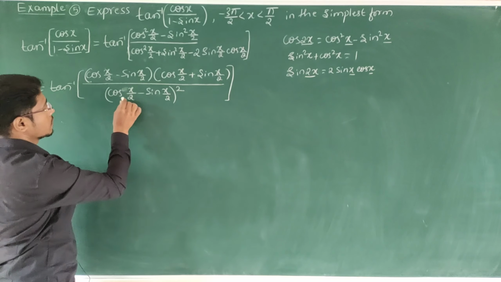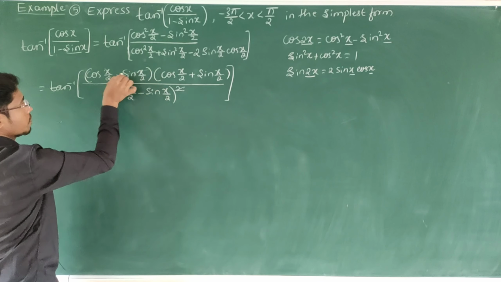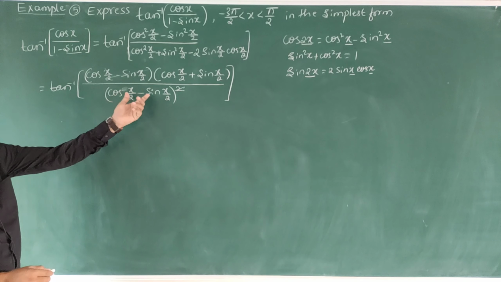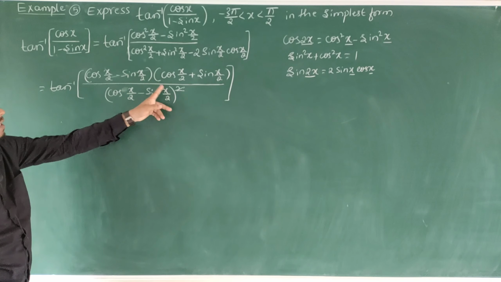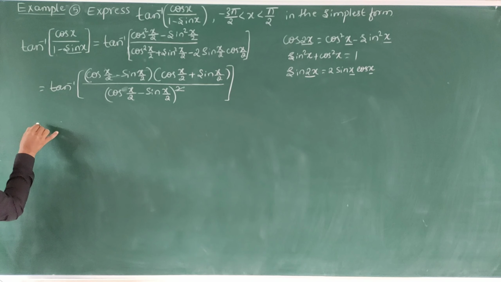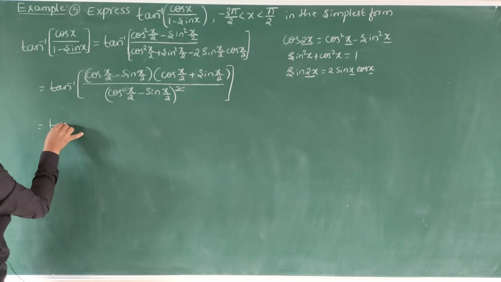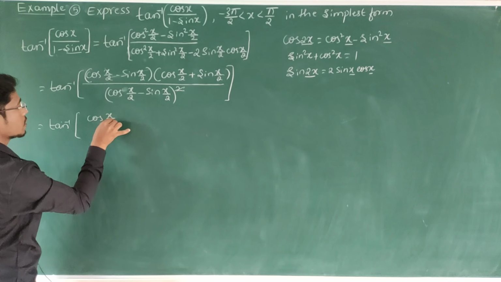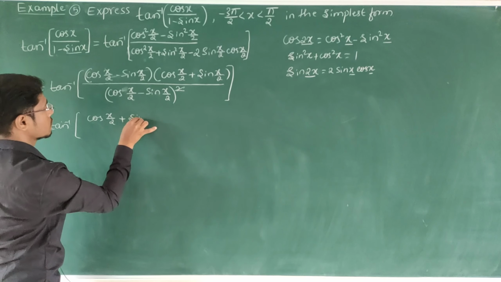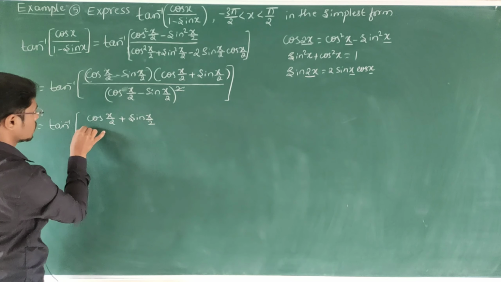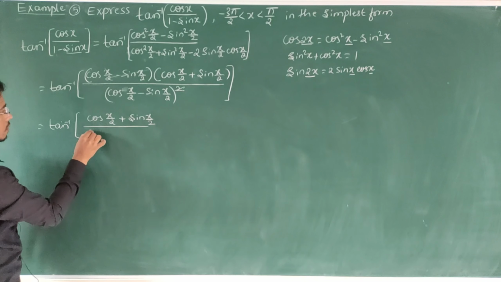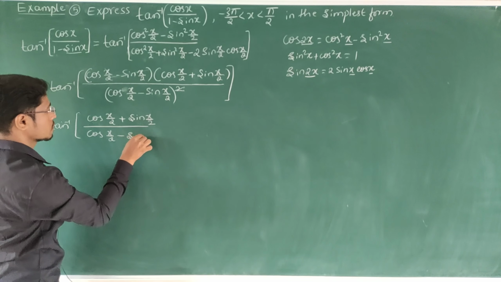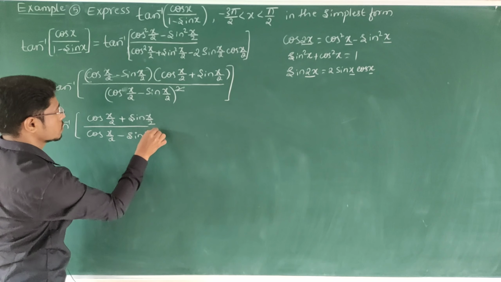Cancel one term, cos x by 2 minus sin x by 2, on both sides. Tan inverse of the remaining is cos x by 2 plus sin x by 2 whole divided by cos x by 2 minus sin x by 2.